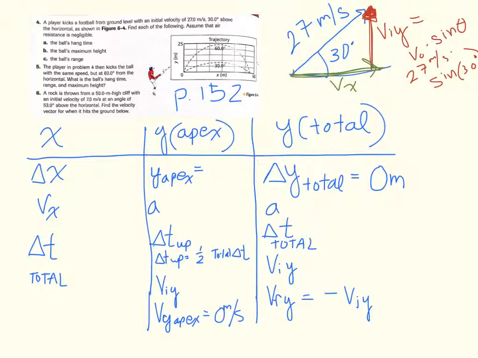And vx is going to be 27 meters per second times the cosine of 30 degrees.